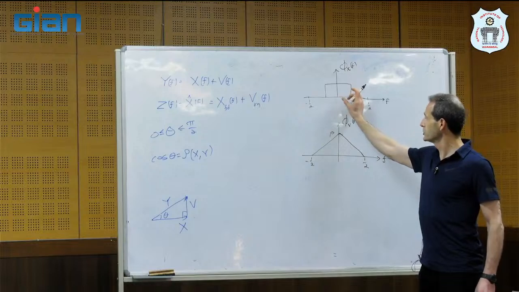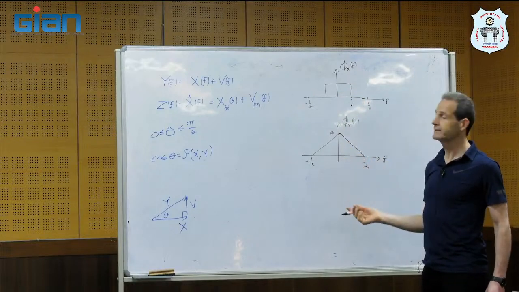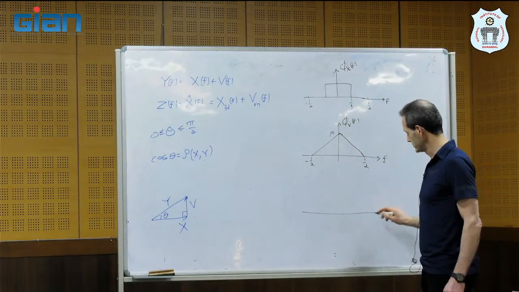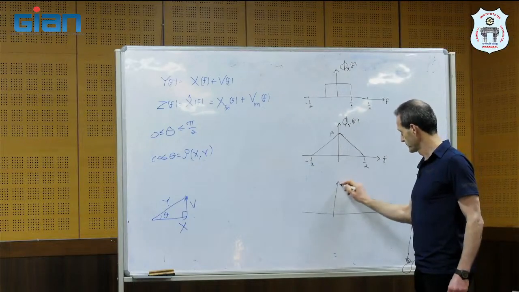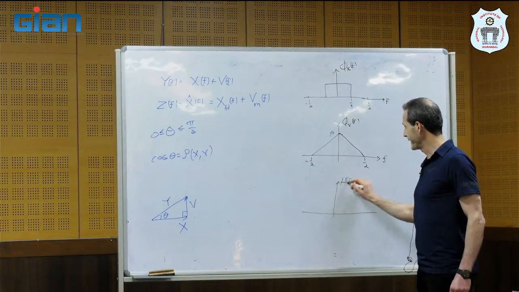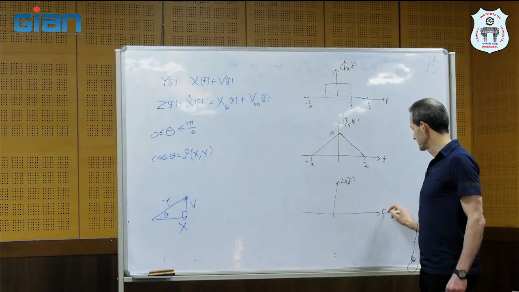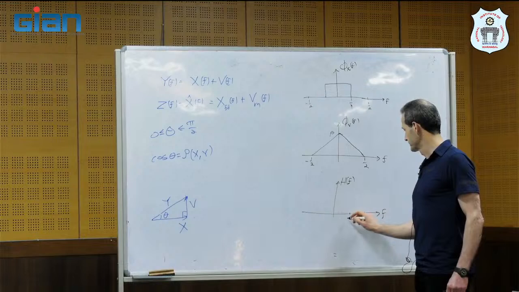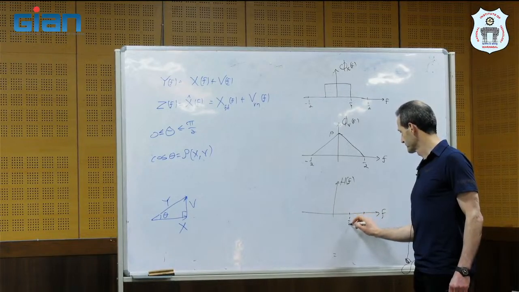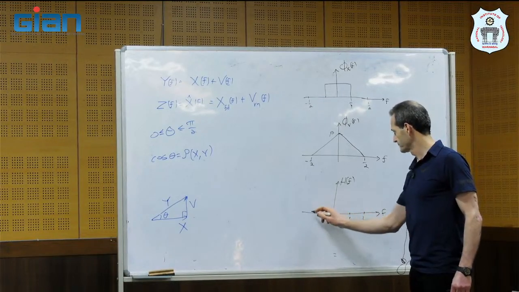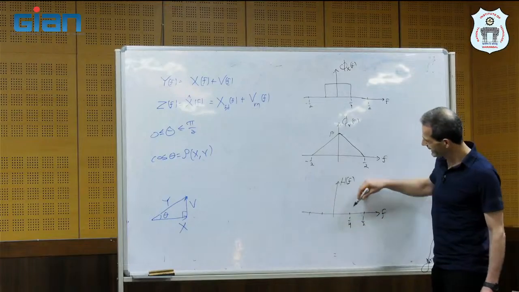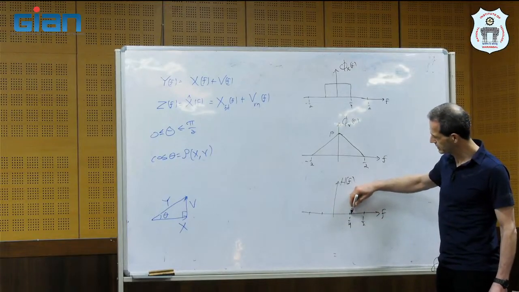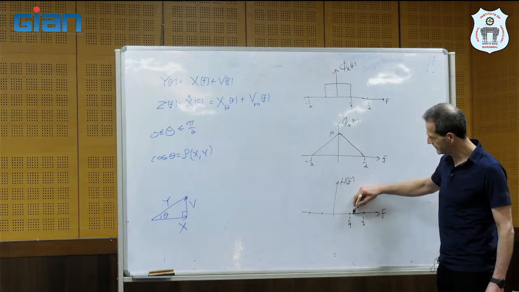In this range, what will be the gain? So if I try to plot the gain for all frequency. Okay, so it will be here. Okay, so the gain here, of course it will be 0, because we don't have desired signal here.